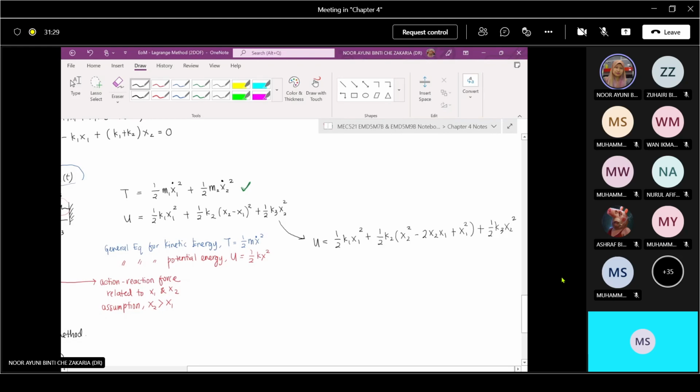Hopefully I didn't get anything wrong. So let's make the differentiation here, again displacement of x1.